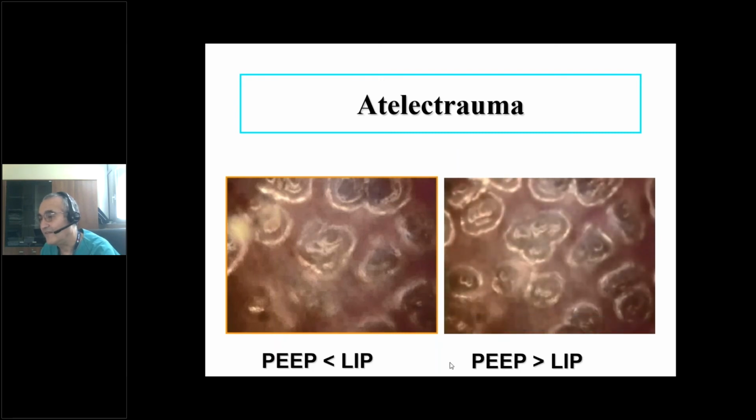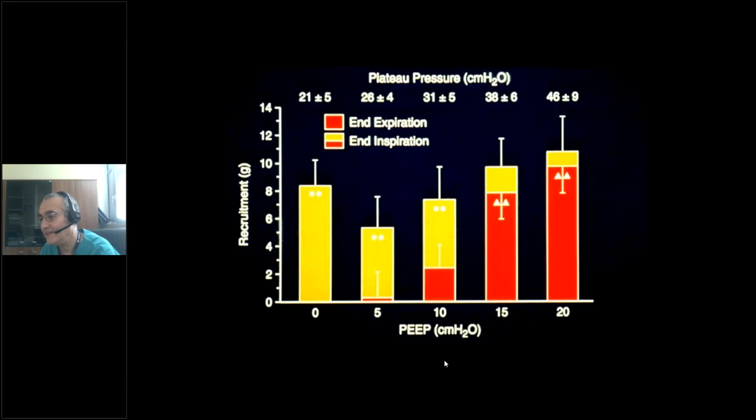Sorry, let's see if we can move ahead. Okay. And does atelectrauma occur in patients or only in experimental situations? No, it does occur also in patients. This is a CT scan study in which the yellow part is the amount of lung that opens and closes during ventilation.